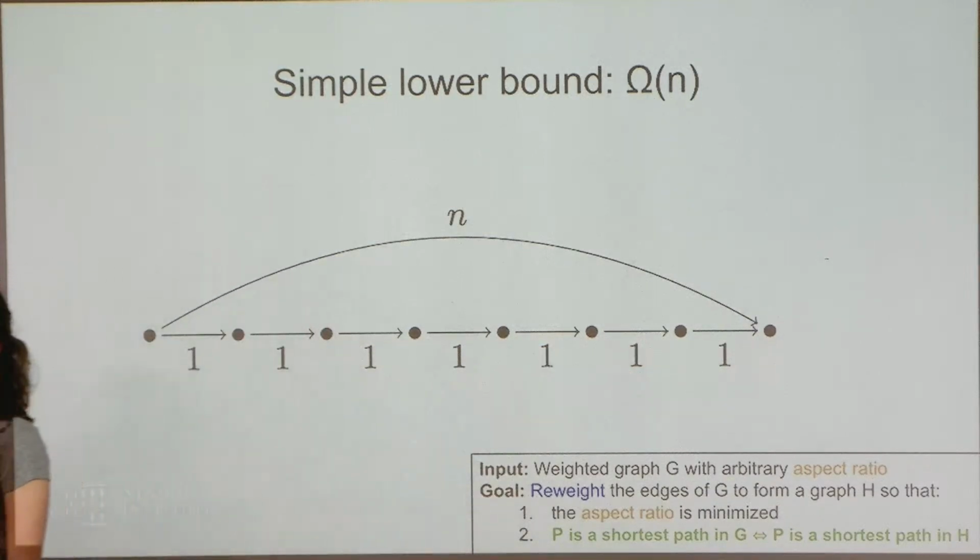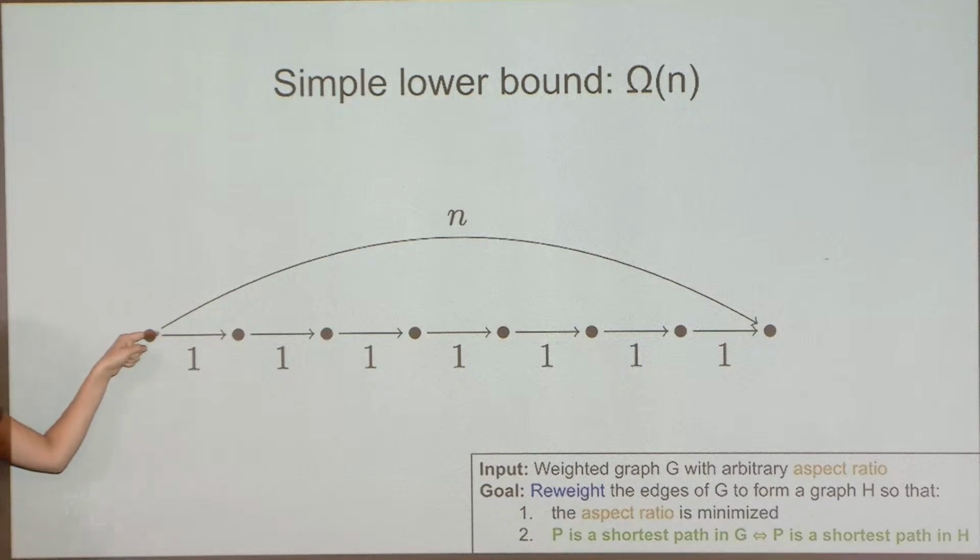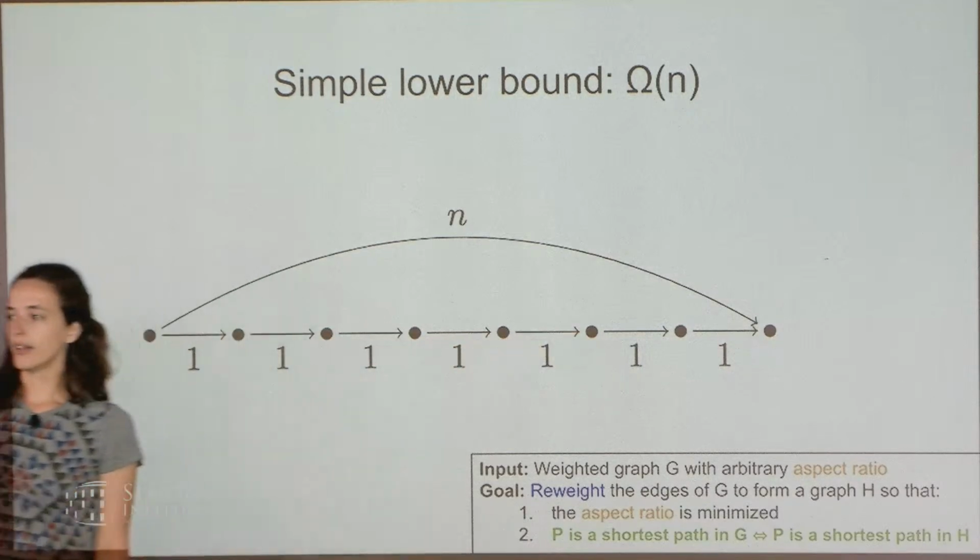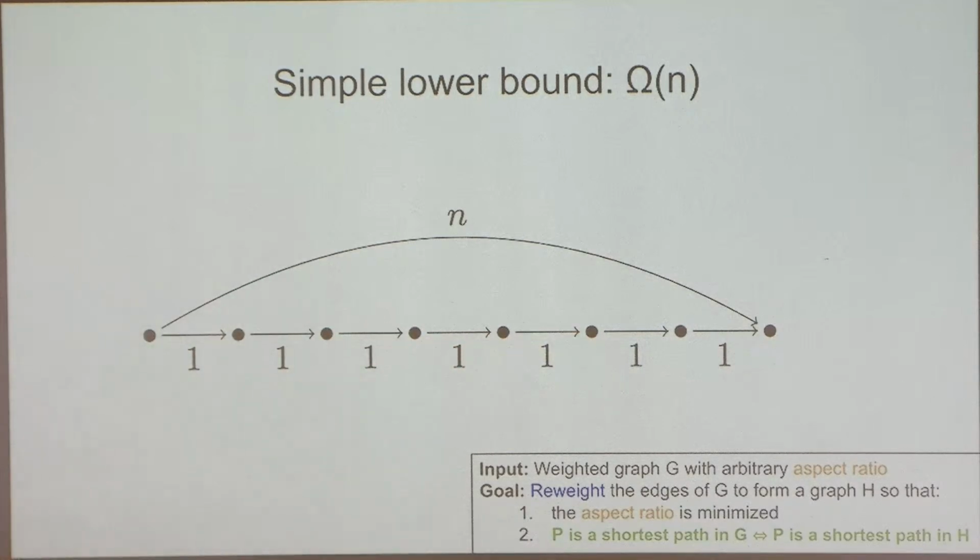And so if I decide to reweight this graph to try to achieve lower aspect ratio, what would I do? Well, I need to make sure that this is still a shortest path in my newly weighted graph. And specifically, let's assume that in my newly weighted graph, the lowest weight is 1, which I can assume without loss of generality by scaling.